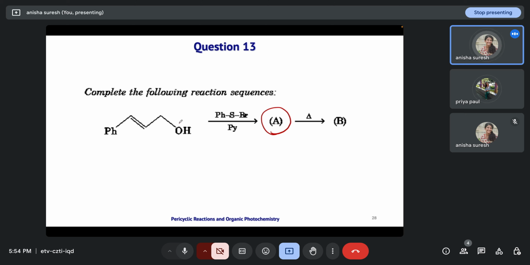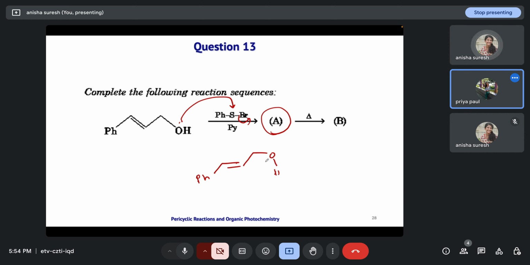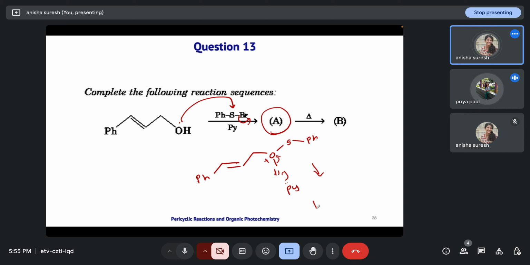So this lone pair on oxygen will attack on the sulfur, bromide will be leaving. It will result in the formation of OH plus SPh. So this pyridine will be abstracting this proton, leading to formation of OSPh. Next, this is a 2,3 sigmatropic rearrangement.